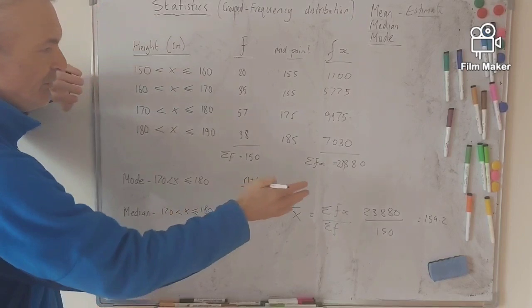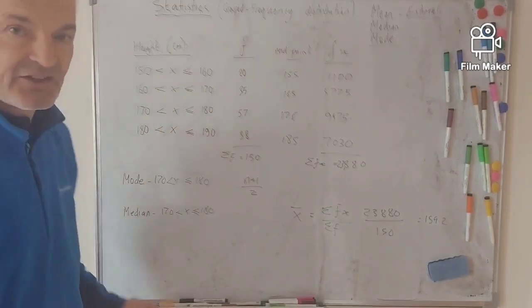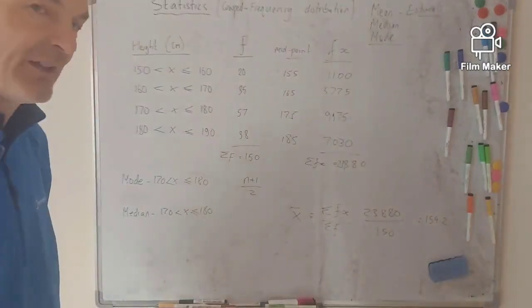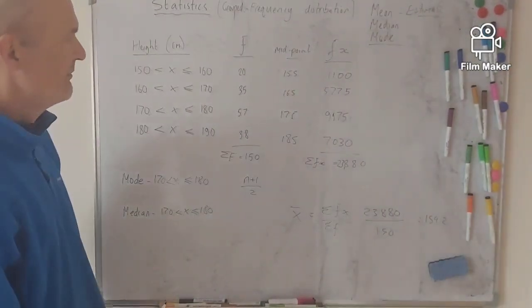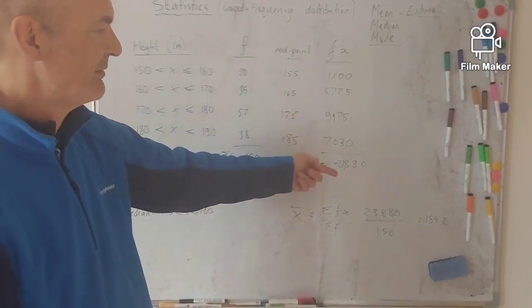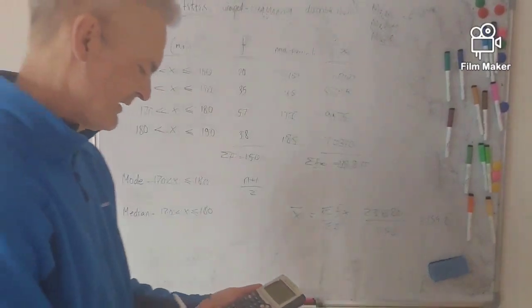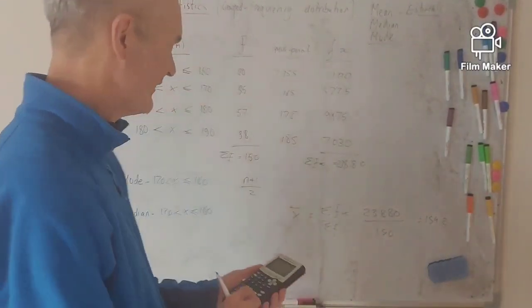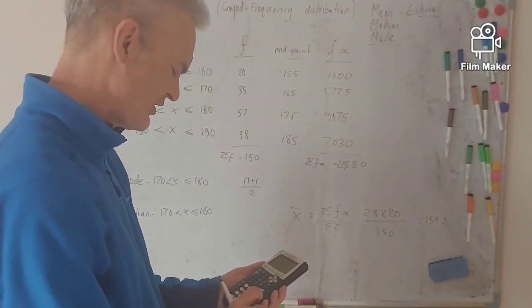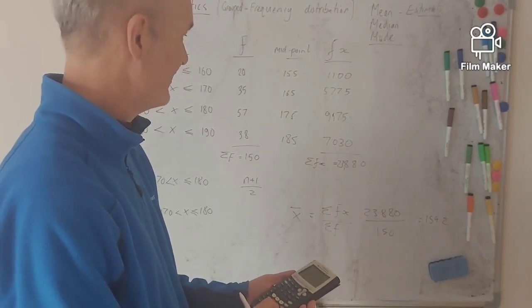Okay, so 159.2 is between those values, so that's a good sign to start with. It looks a little bit on the low side to me. So you might think, well, did I add this up correctly? I did it without using a calculator, I should be able to get that right, but I'm going to check it, because I could have made a mistake.